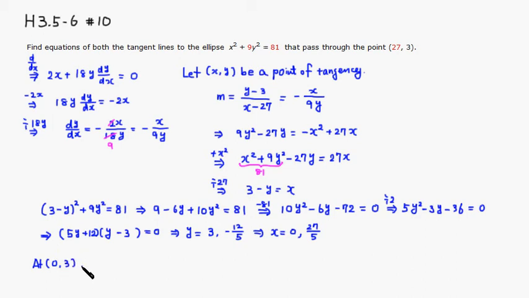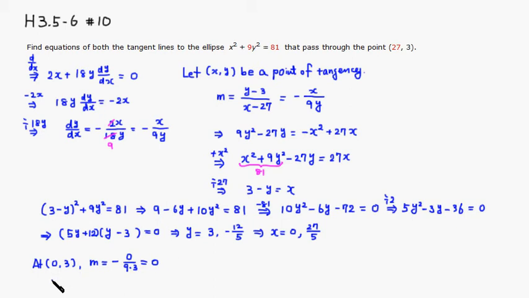We know that slope m is going to be negative, x value is 0 for this guy, over 9 times 3, which is a fancy way of saying 0. Slope is 0, so it's a horizontal line.